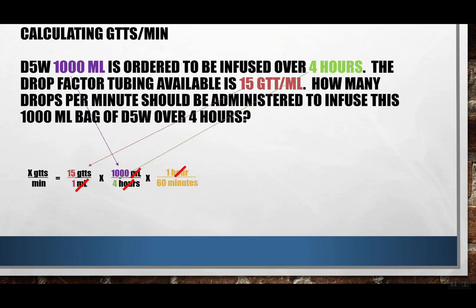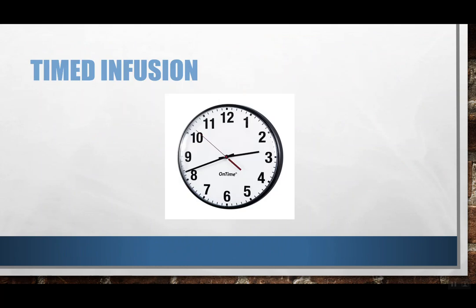Once I cancel everything and show that I have drops on top and minutes on the bottom, that's when I know I can multiply across, divide out, and I get 62.5 drips per minute, which becomes 63 drops per minute. Again, practice these. These are showing you ways of pulling your numbers. These arrows are meant to help you find where this information is coming from.